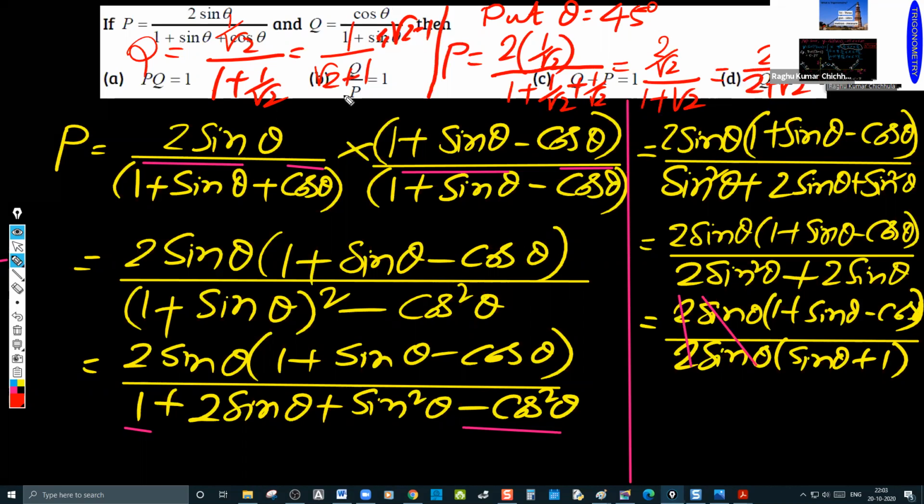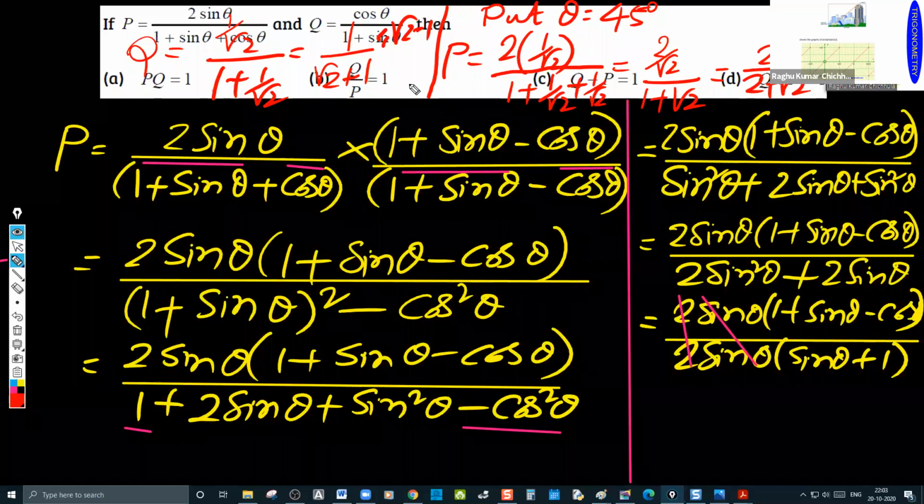Then let us check whether Q by P is 1 or not. Q by P means root 2 minus 1 by 2 by root 2. If they are equal, that becomes 1. This is not happening either. Check Q minus P, please.